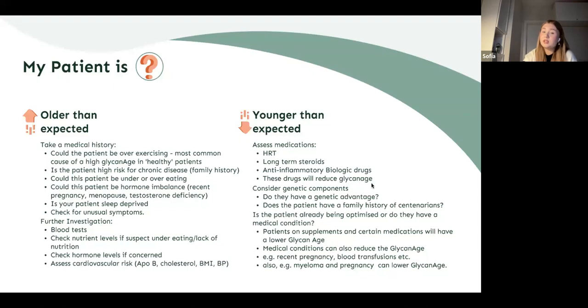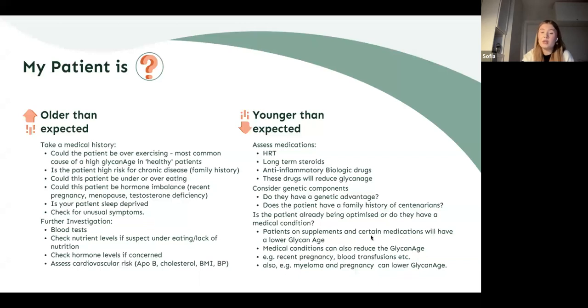We would also need to consider genetic components. So do they have a genetic advantage? As we discussed, do they have people in their family who have lived a long life? Or do they have a family history of centenarians? And the other question is, is the patient already being optimized, or do they have a medical condition? So what we would look at is patients on different supplements and certain medications.